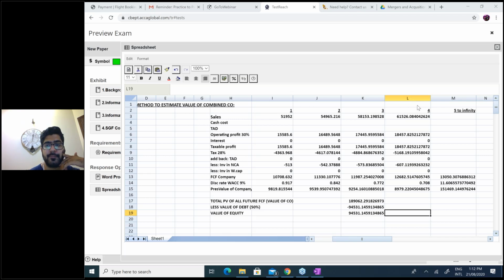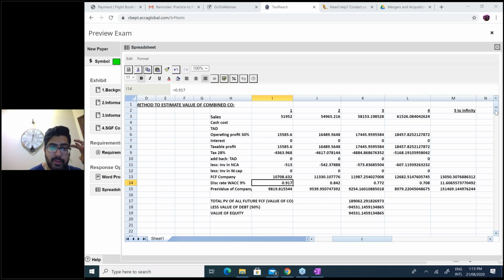I14 cell. And this is discount factor 9%. We don't calculate it. We take it from the present value tables provided. Since the last discount factor, the last year over WACC 9% minus growth 2.9%.